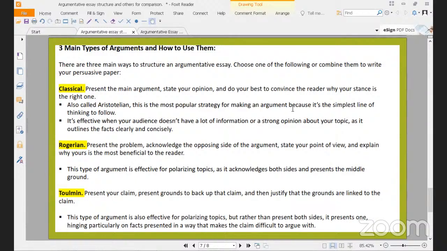This type of argument is effective for polarizing topics as it acknowledges both sides and presents the middle ground. Okay, awesome. And let's go to the last one, the Toulmin.